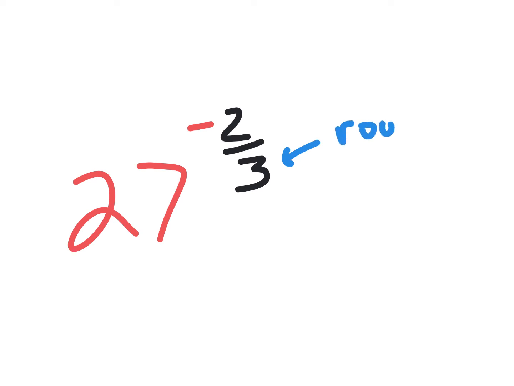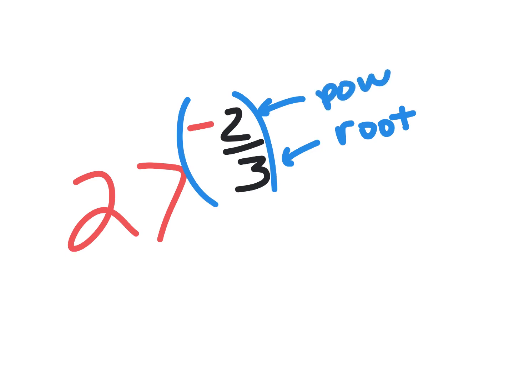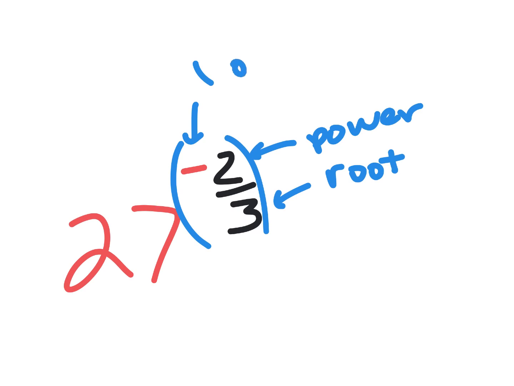Let's use the root. And this 2 is the normal power. That there means there's 1 over it. So here's the answer. It's 1 over the cube root of 27.